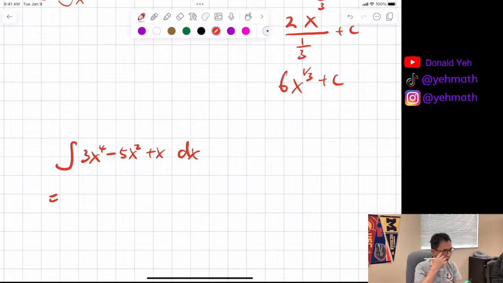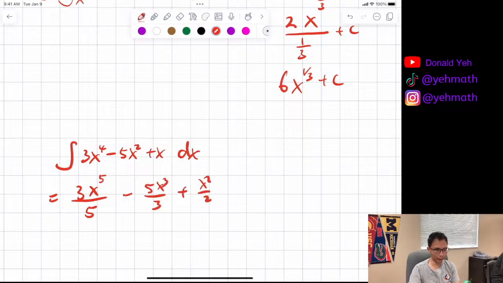Integration, this is super easy. x to the 4th is just going to be x to the 5 over 5. Is that okay? Minus 5x to the 3 over 3 plus x squared over 2. This feels easier than algebra 1.